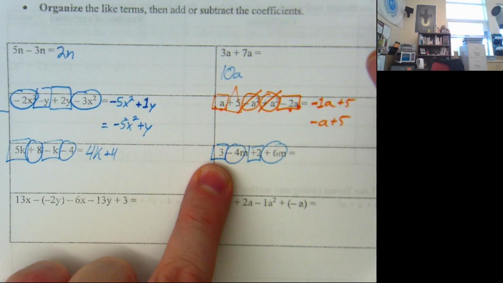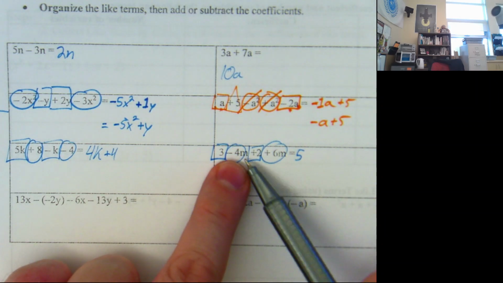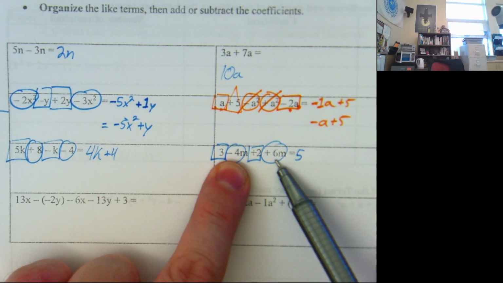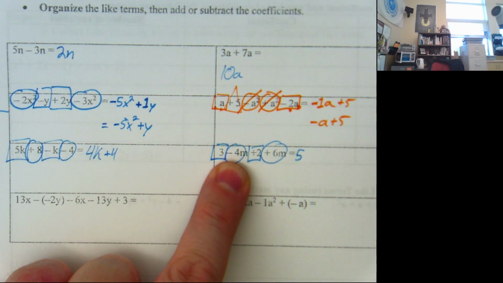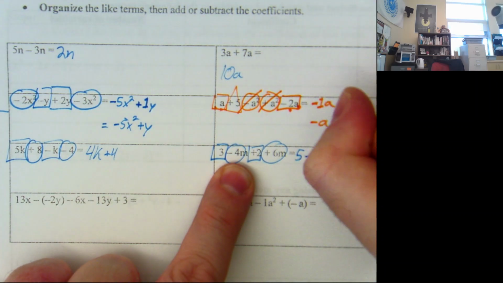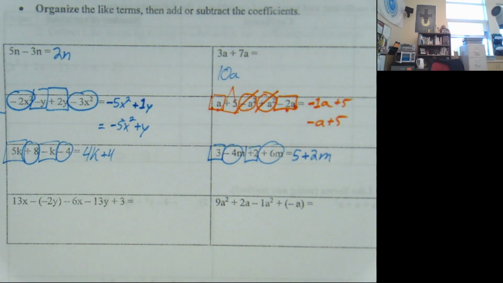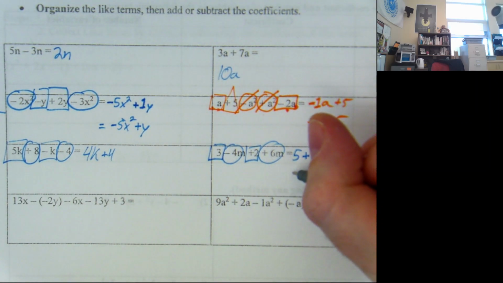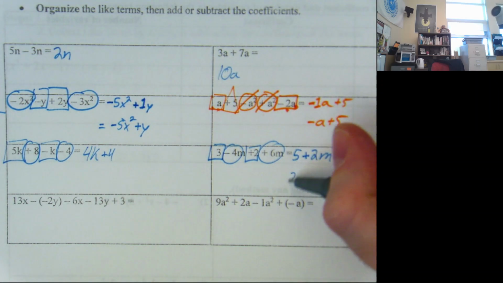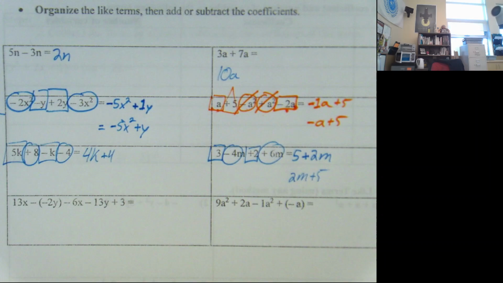Oh, 5, because we're adding, not multiplying. 3 plus 2 is 5. And then negative 4m plus 6m is how many m's? 2m. Is it positive or negative? I'm at negative 4 going up 6. It's plus 2m. Is that the correct order? Yes, Garrett. 2m plus 5. Well done.